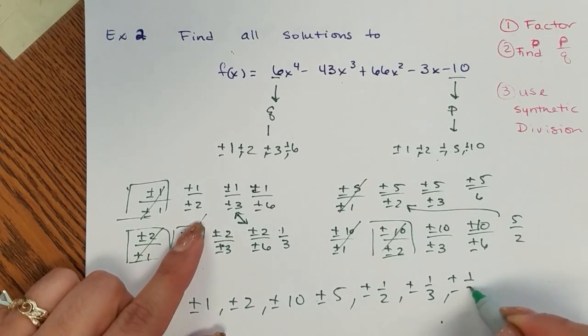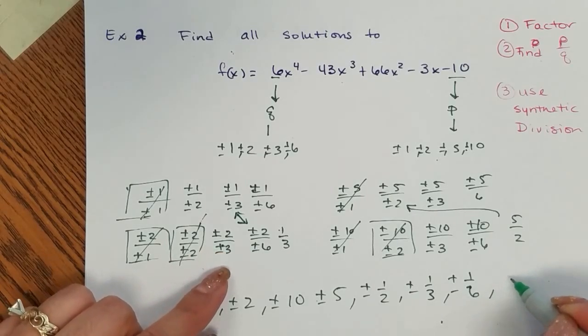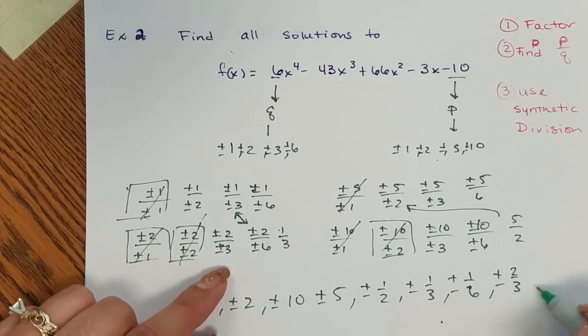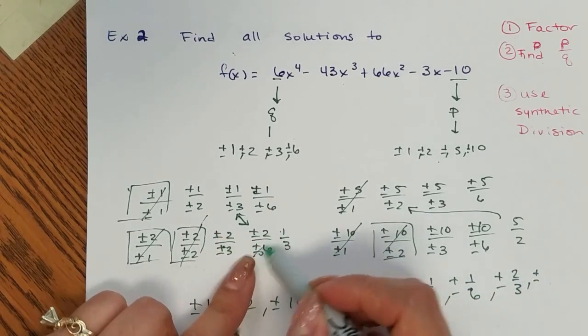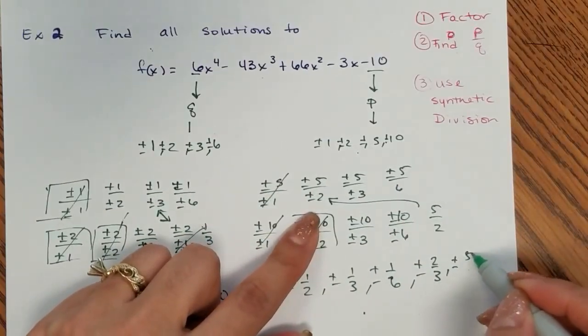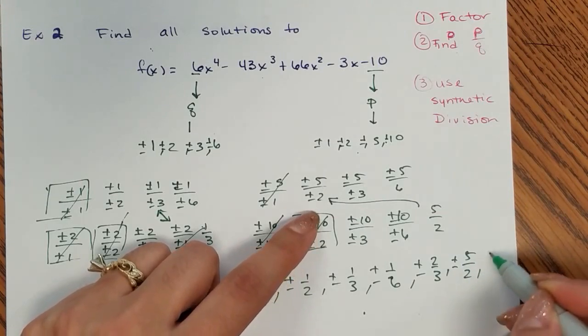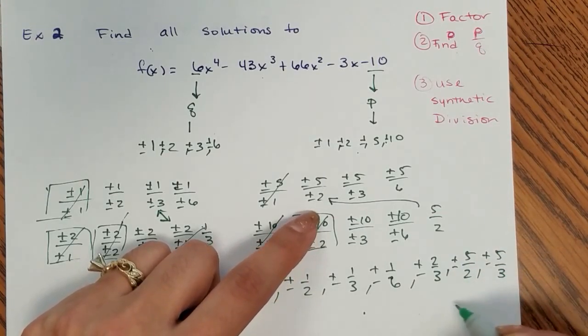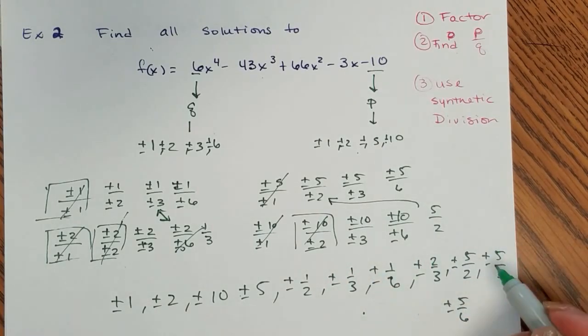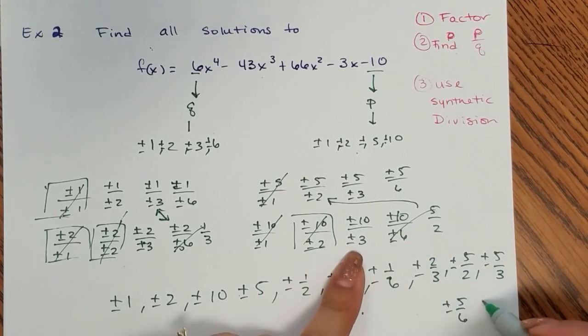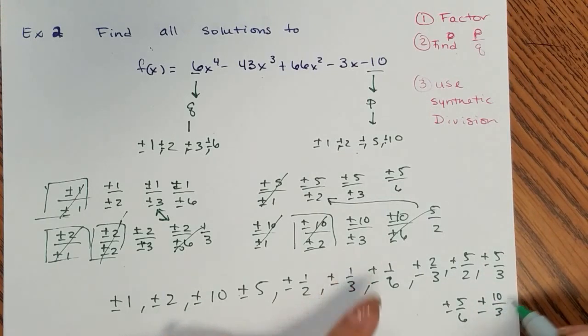I'm just listing them again so you can kind of see what's going on. Plus or minus 2 over 3, plus or minus, that one canceled there. 5 over 2, plus or minus 5 over 3, plus or minus 5 over 6, and these other ones over here. This one canceled, so we're left with plus or minus 10 over 3.